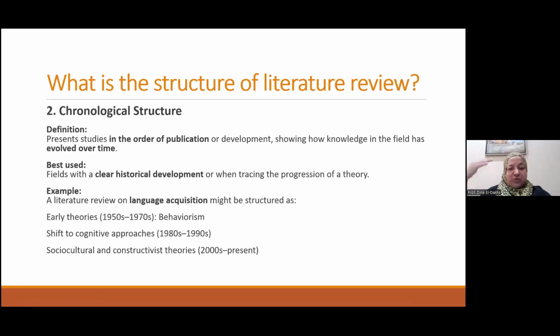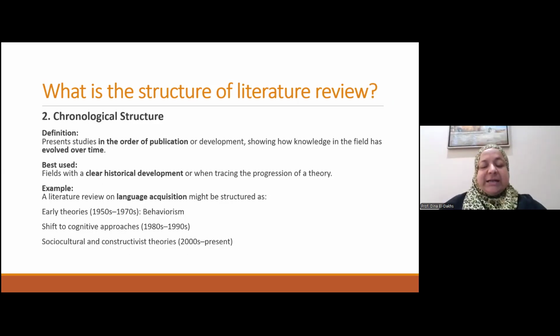You move from what happened in the past to more recent times, so you provide a clear historical development of a topic. For example, if you talk about language acquisition, you can talk about the early theories like behaviorism, then shift to cognitive approaches in the 80s and 90s, and then discuss the 2000s and later with things like sociocultural and constructivist theories.